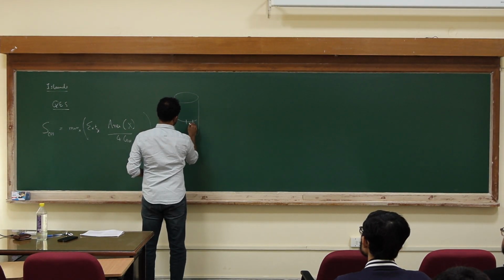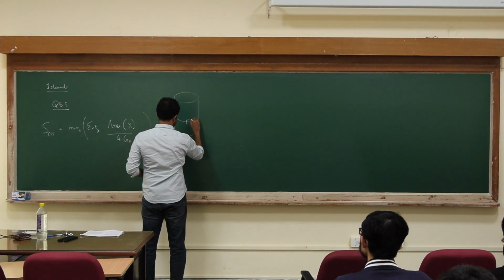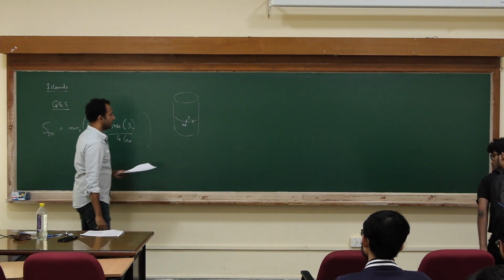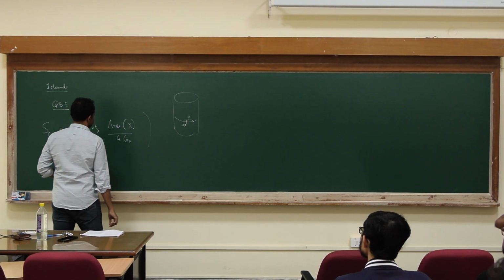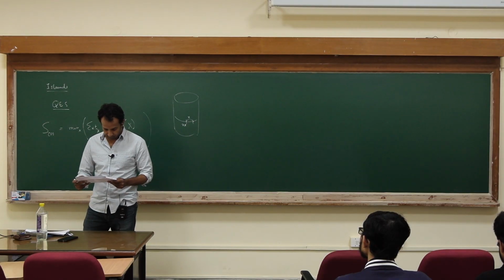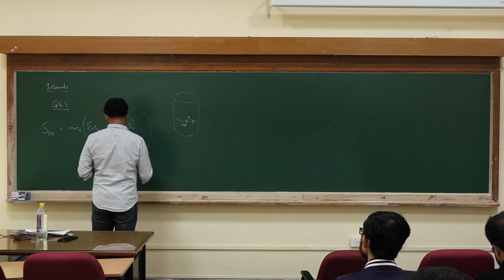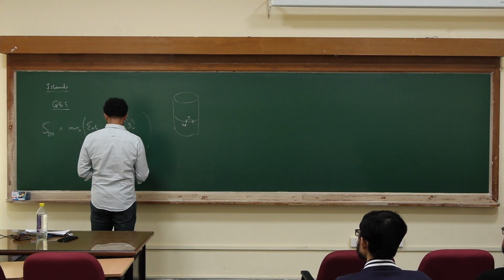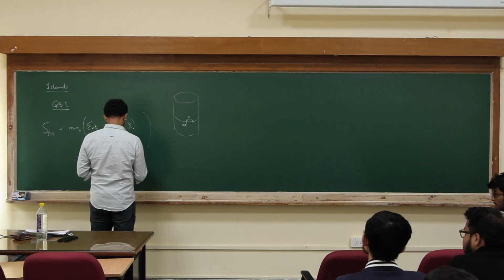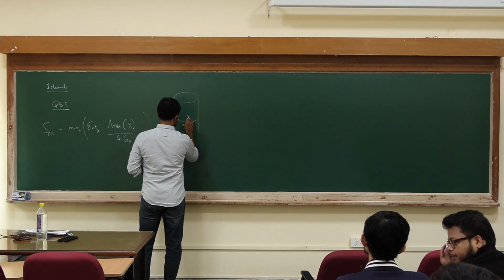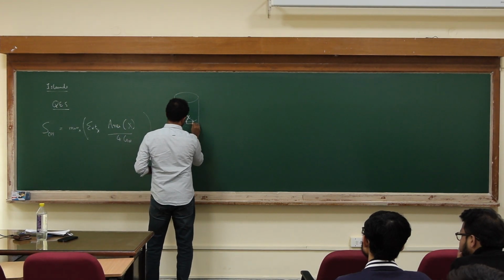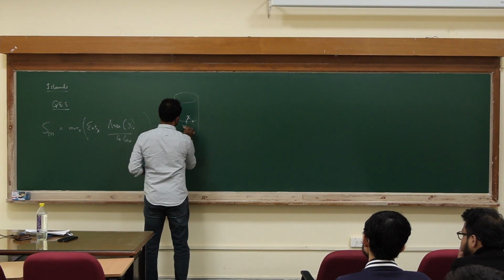This is some boundary region, let me call this chi. These two points are the boundaries of chi.